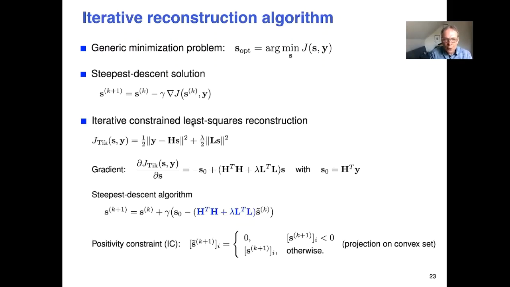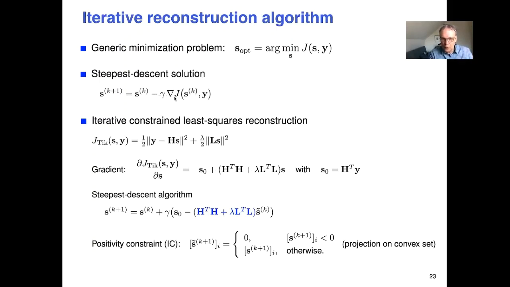Okay, so here's the Tikhonov form of the criterion. You take your gradient, and that's important when you do optimization: always take the gradient. And now the steepest descent algorithm: you will modify the current estimate by evaluating the gradient and correcting by the gradient.